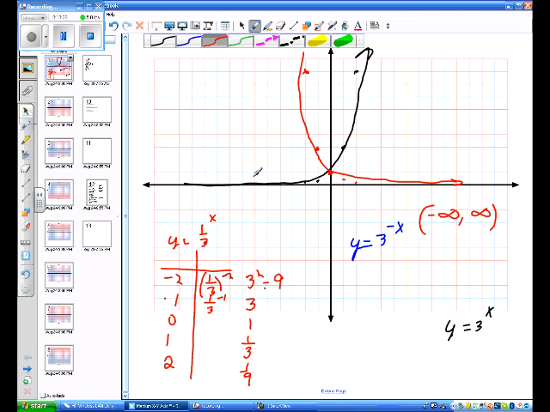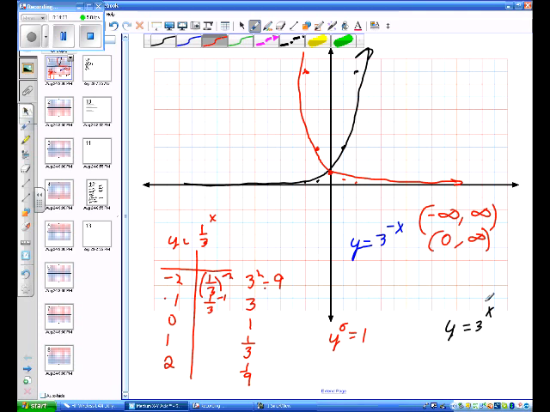The range, since this was an asymptote, our range was 0 to +infinity. That's also true for exponential functions. Now notice both of these, the graph went through the point 0, 1. That will always be true because no matter what your number is, any number raised to the 0 power is 1. So when our exponent is 0, then we're going to have a value of 1.